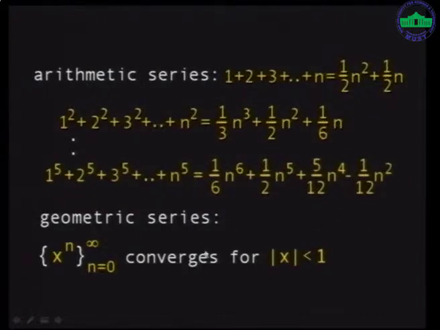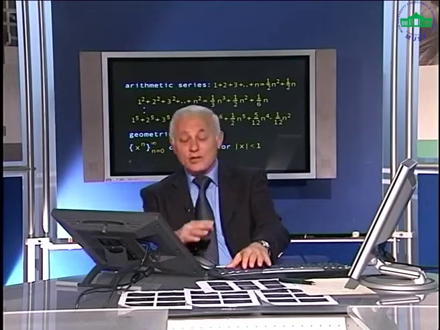But then, with the advent of calculus, you have series like, for example, this one, the geometric series. But you have to approach it through what is called the convergence concept. You cannot sum up 1 plus x squared, etc., to infinity, unless the modulus of x is less than 1.